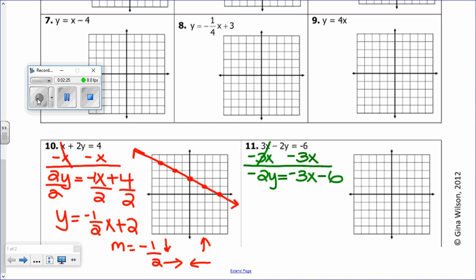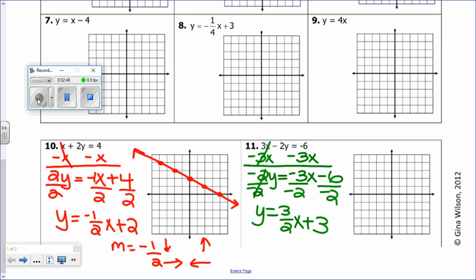Now we still don't have y by ourselves, so we're going to divide everything by negative 2. Negative 2's cancel, so we have y is equal to negative 3 divided by negative 2, which is a positive 3/2 x, don't forget the x, plus 3, because negative 6 divided by negative 2 is a positive 3.